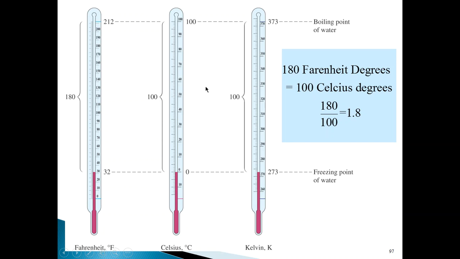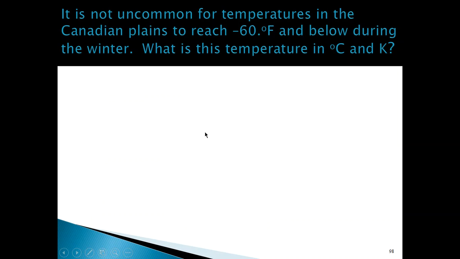Then the boiling point of water, which by definition is 100 degrees Celsius, is equal to 212 degrees Fahrenheit and is also equal to 373 Kelvin. So that's showing you the relationship between those temperature scales.